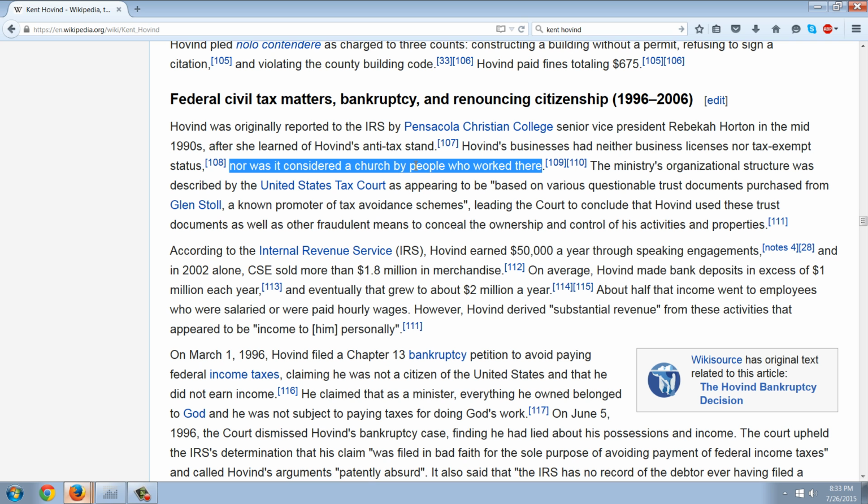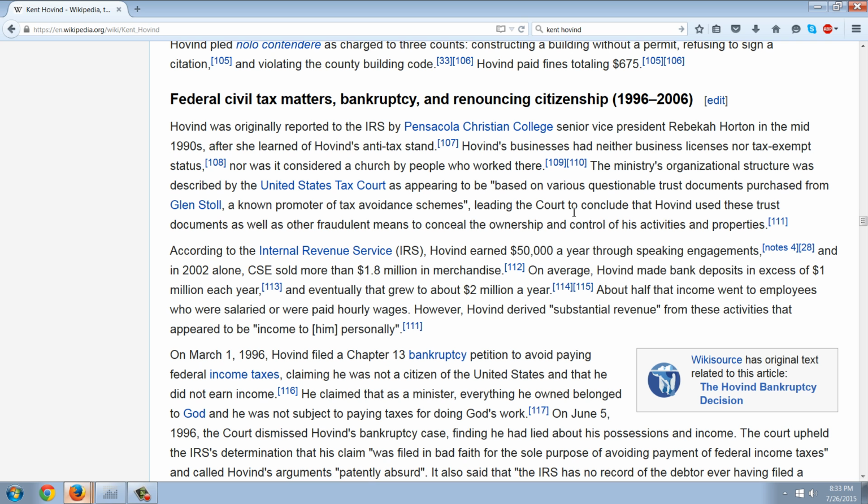And probably the ones that refuse will have their 501c3 status pulled. So it's probably very likely that Hovind didn't register as a 501c3 because he didn't want involvement with the government. But then again, if you don't register with the government, then you have to pay taxes.